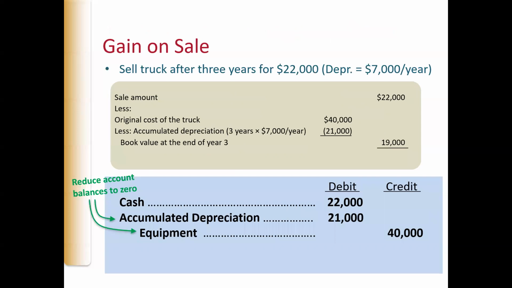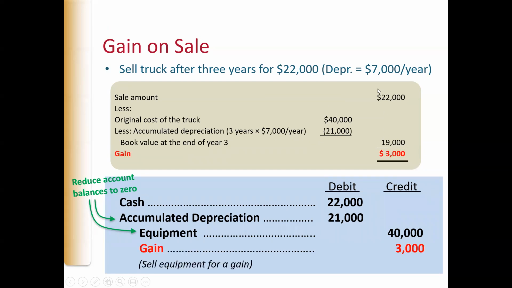Well, think of this. We bought the truck for $40,000. $21,000 of depreciation means that our adjusted book value at the end of those 3 years is $19,000. 40 minus 21 is $19,000. If we sell it for $22,000, we show a gain of $3,000.